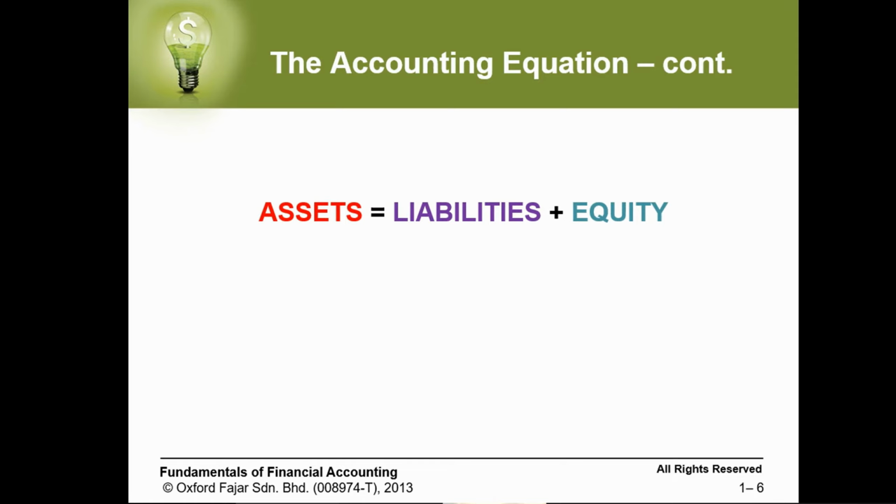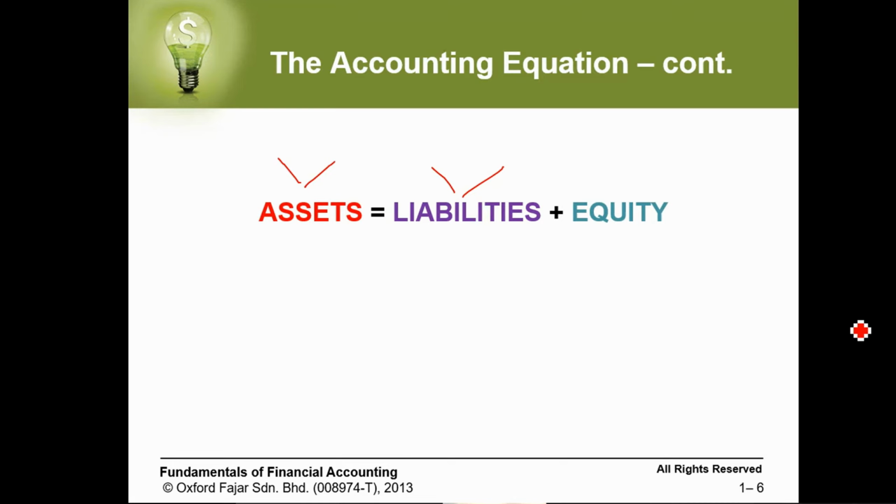If you remember also, we said the accounting equation is assets, liabilities, and owner's equity. For assets, we have current and non-current. For liabilities, we have current and non-current. We have four components for the owner's equity, which are capital, drawings, revenue, and expenses. Capital is what the owner puts into the company.